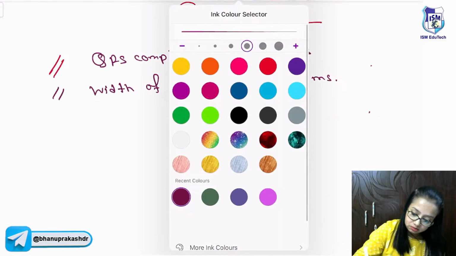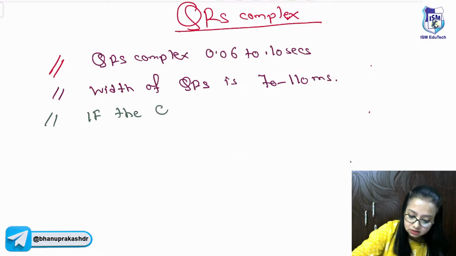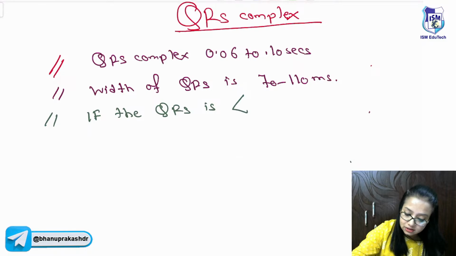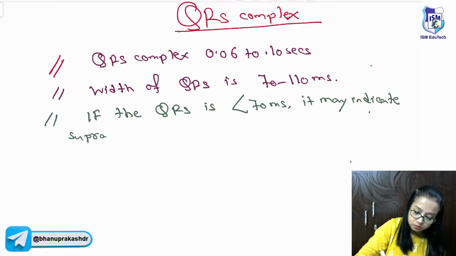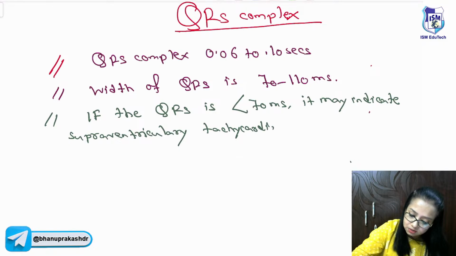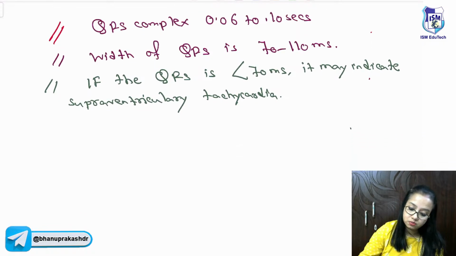Now, if the QRS is narrow, less than 70 milliseconds, it may indicate supraventricular tachycardia. Okay, maybe some ectopic foci have generated and are causing an extra beat.